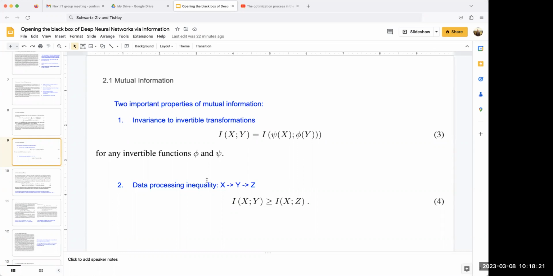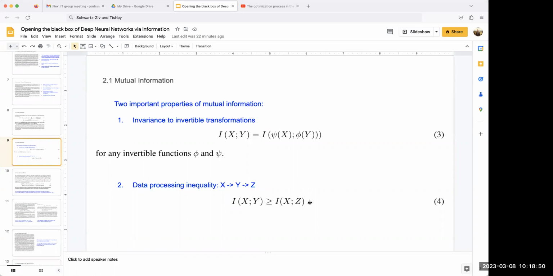Another key aspect of mutual information as a metric is the data processing inequality, where if you have inputs X and your target Y, the mutual information between your inputs X and your target Y is greater than or equal to the mutual information between those inputs and your model Z here.